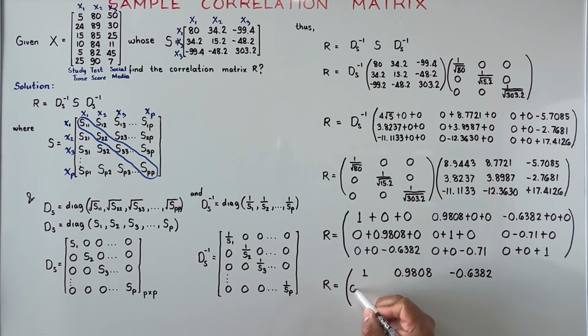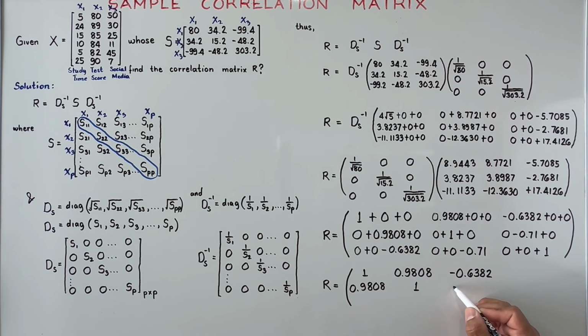Then 0.9808, 1, and negative 0.71. And then negative 0.6382, negative 0.71, and also this one is positive 1. So this is our sample correlation matrix.